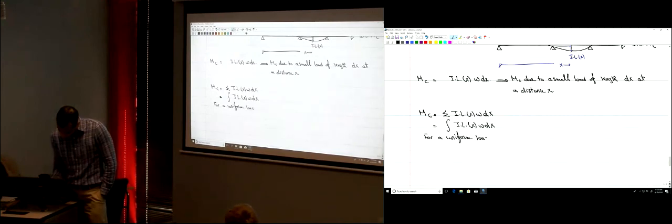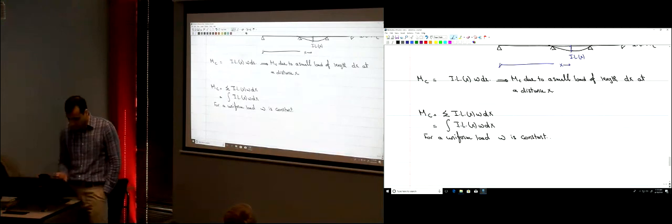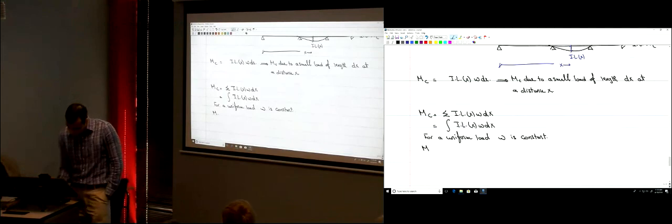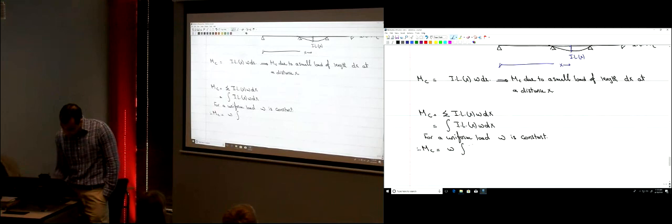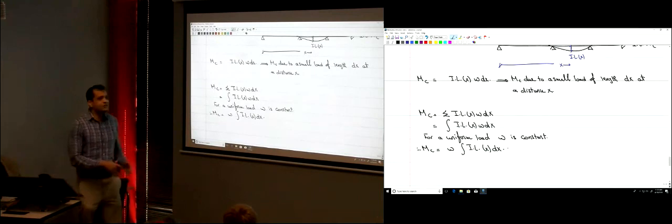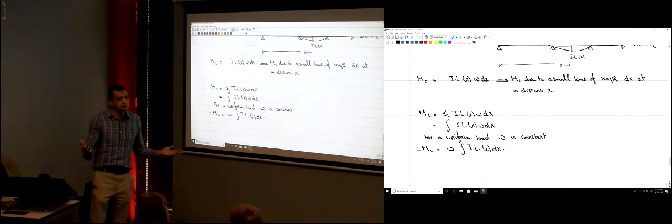It doesn't change from one point to another. So I can move it outside the integral. So it's the integration of the influence line dx.